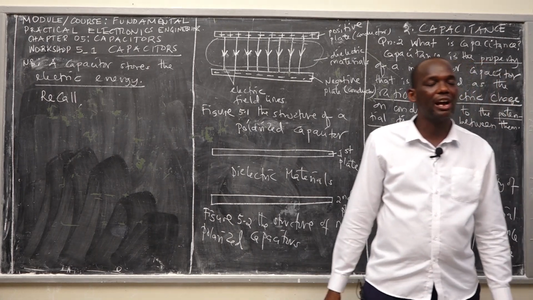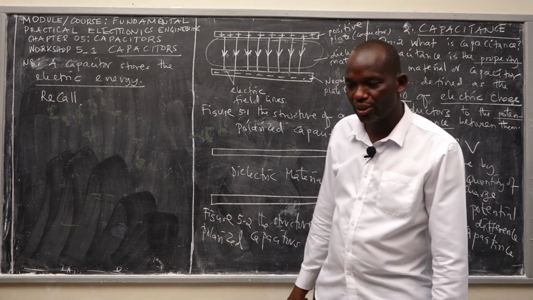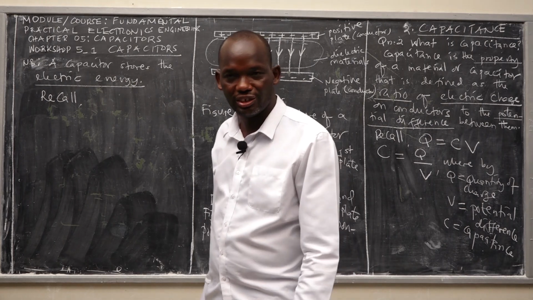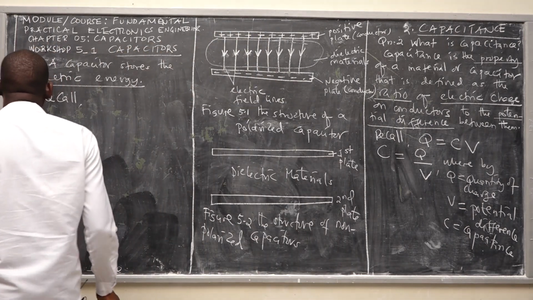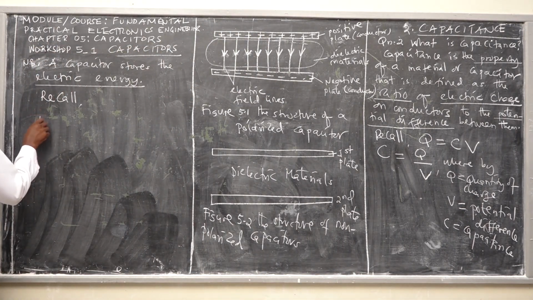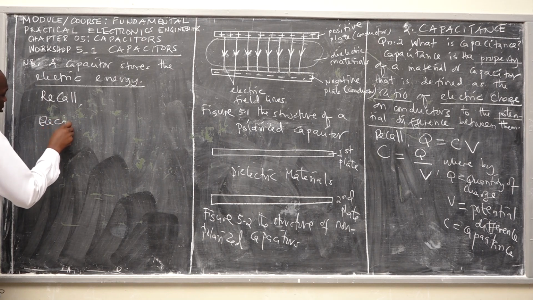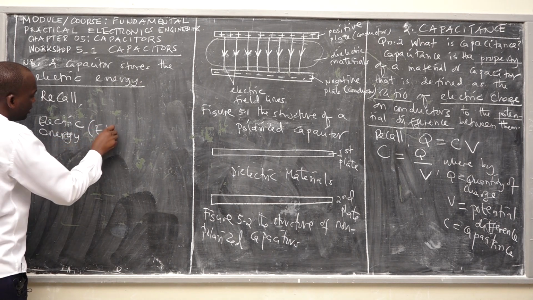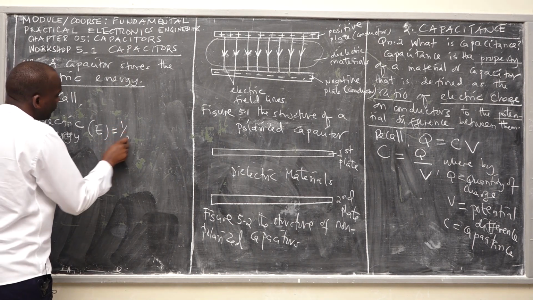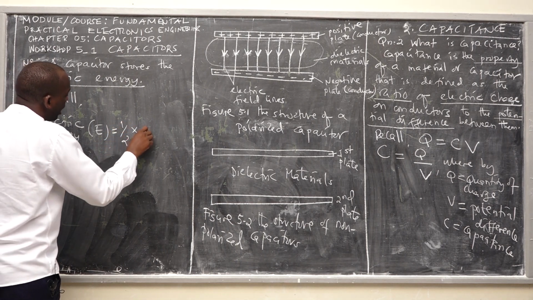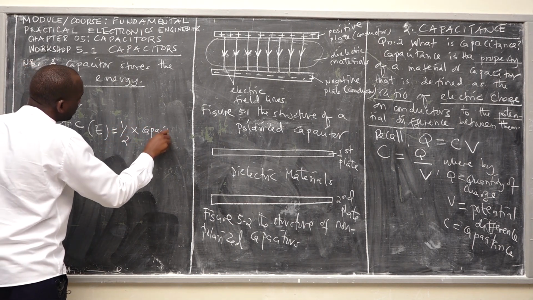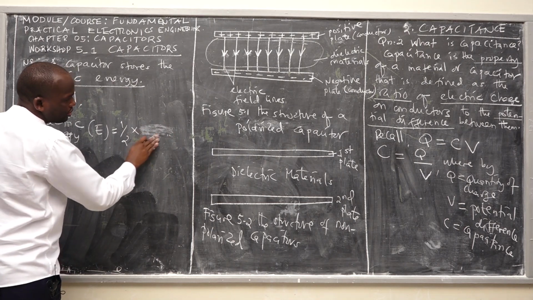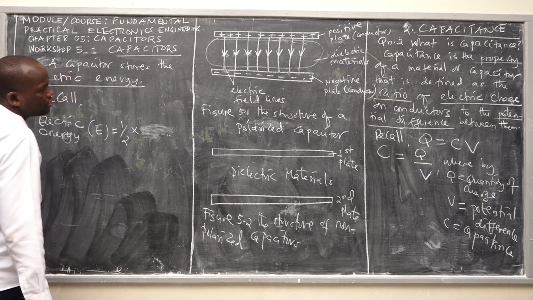For the students who come from ordinary secondary education level, this is your first time, so stop writing. We say that the electric energy stored in the capacitor, which you call E, is equal to a half times capacitance times V square, that is, a half QV square.